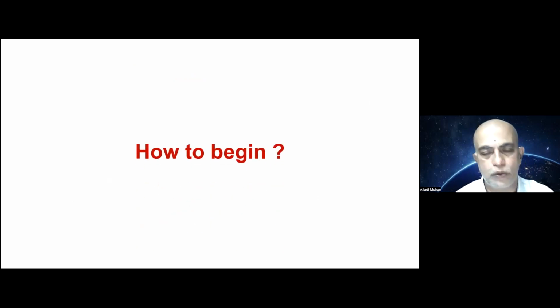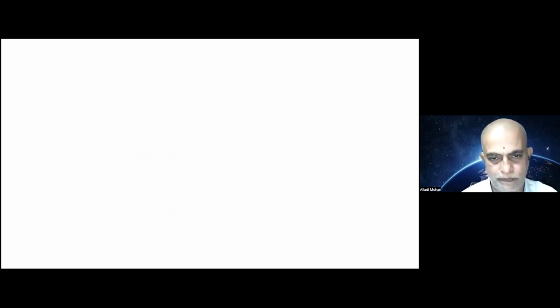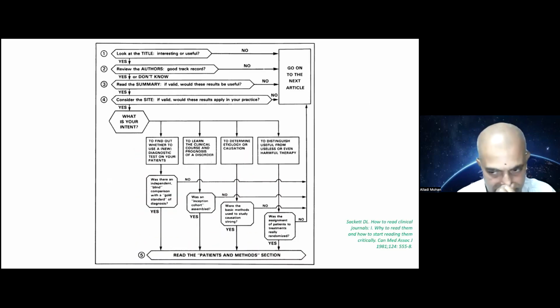How to begin? How do we start? By looking at the paper. So this again I have taken from Sackett's article. To imagine that nearly 42 years ago he described this is amazing.